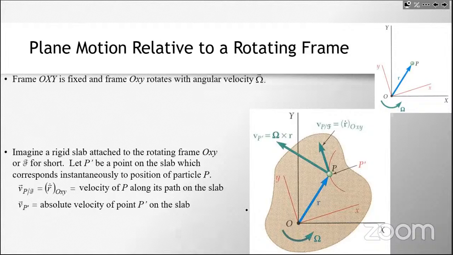So let's simplify it down to just rotating about a single axis, right? So we have our merry-go-round at the playground, right? That's just spinning around one axis, right? So we're using that example, right? So in this case, the black reference frame is capital XY, and the red one is my rotated frame again, right? And notice I've got some point P up here, right?